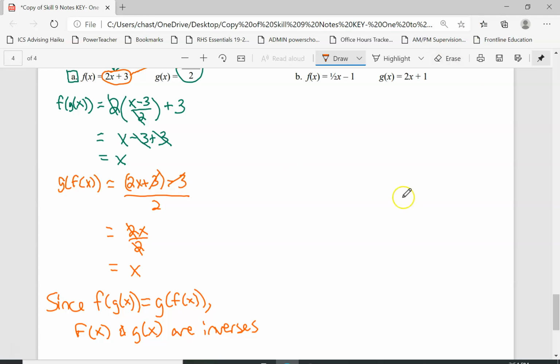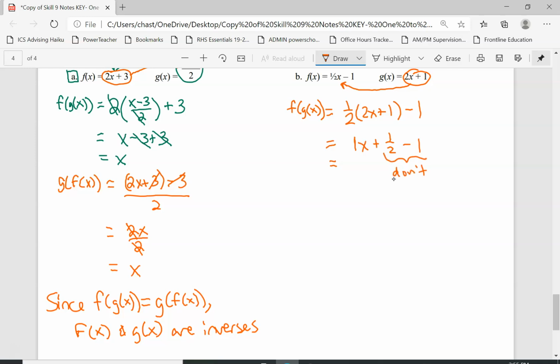Now if I look at the next pair, again, let's try f of g of x first. So that means I'm going to plug g of x into my f of x function. Distribute the 1/2, I get 1x plus 1/2 minus 1. And when I look here, I can see 1/2 minus 1. These don't cancel out. So not inverses.